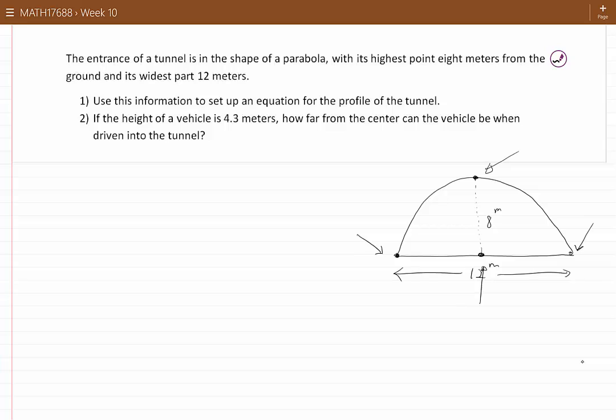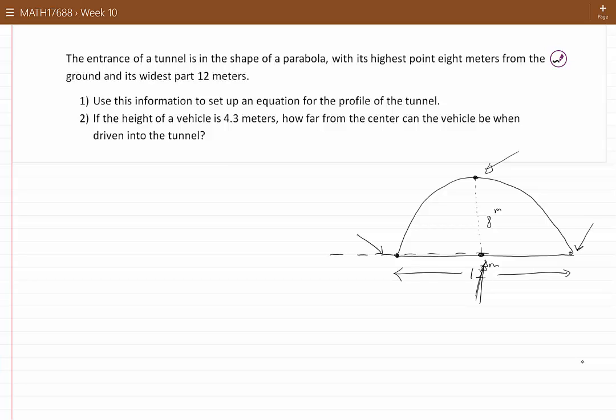If you choose the vertex of the parabola as the center, you would get the simplest form of the equation. I am going to, however, choose the midpoint as the center of the coordinate system.